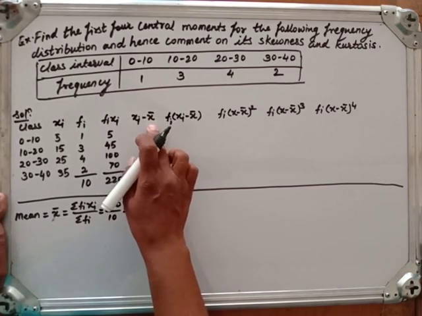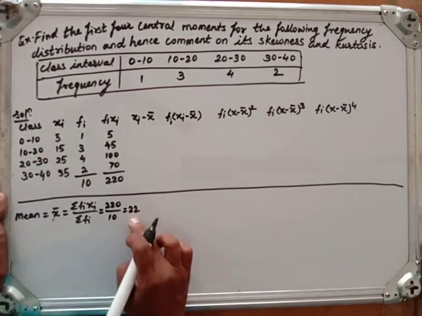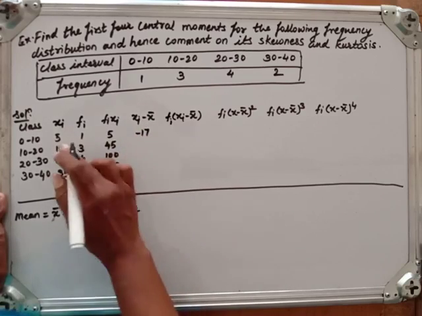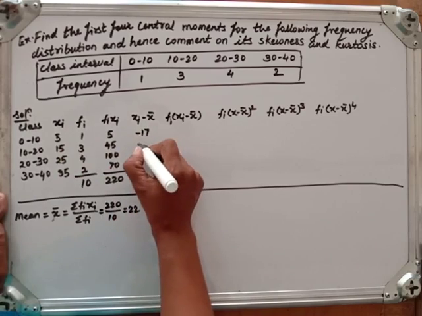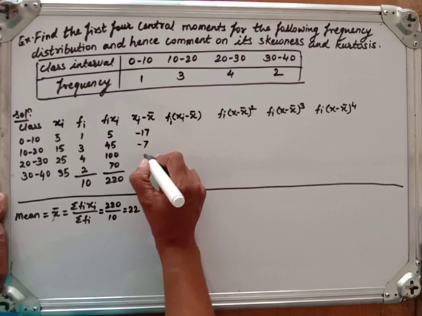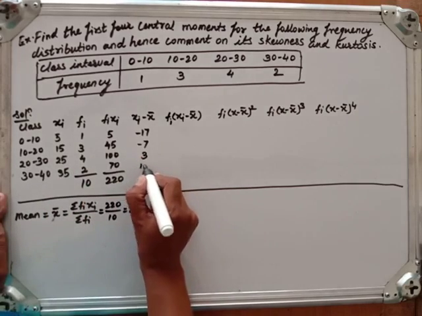Now xi minus x bar. Here this is xi. 5 minus 22 will be minus 17. 15 minus 22 will be minus 7. Then 25 minus 22 will be 3. And 35 minus 22 will be 13. Fine.